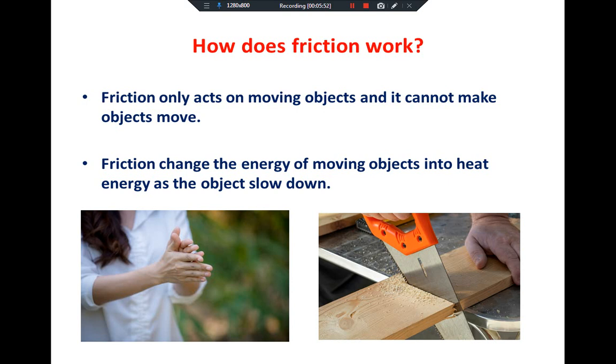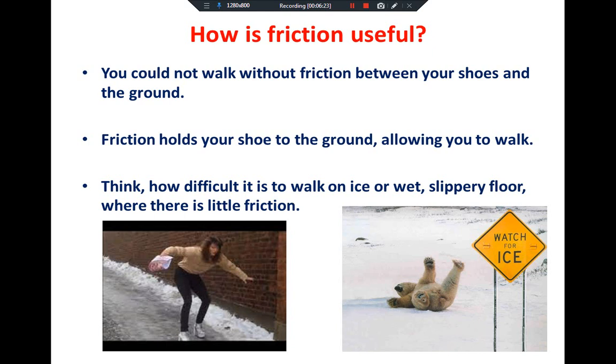Okay, and it happens because of friction. Even if you look at the picture on your left side, which is about a lady rubbing her hands, if you do the rubbing just right now while I'm speaking, you'll definitely feel that your hands, because of friction, will get warmer. Okay, so that's how friction most of the time, or always, works.